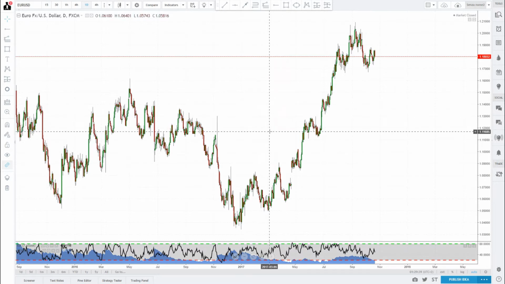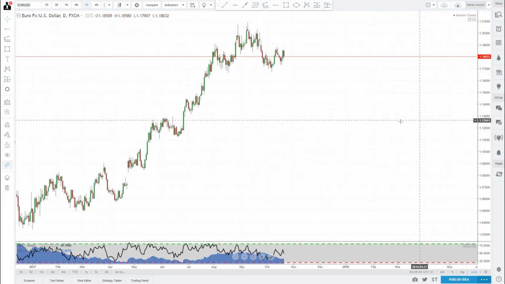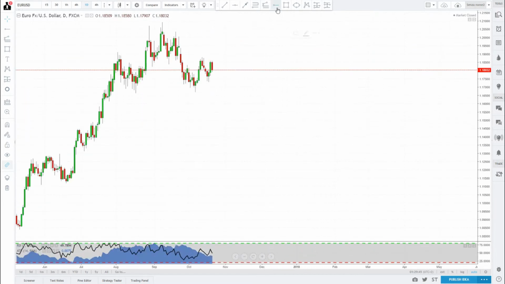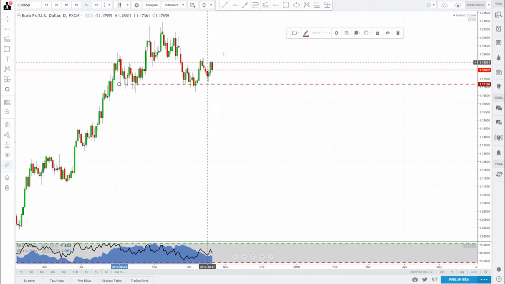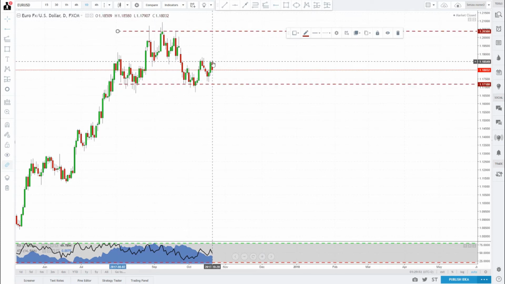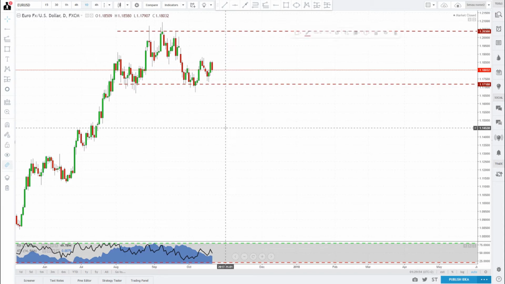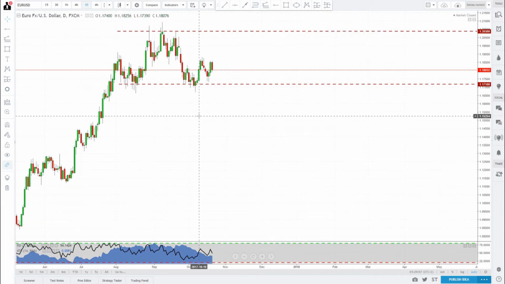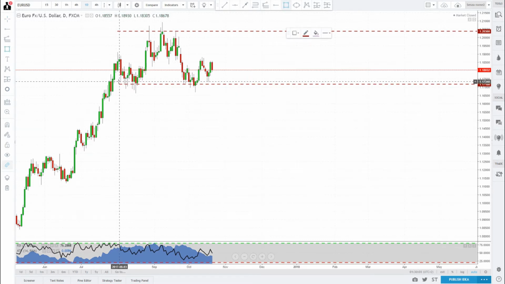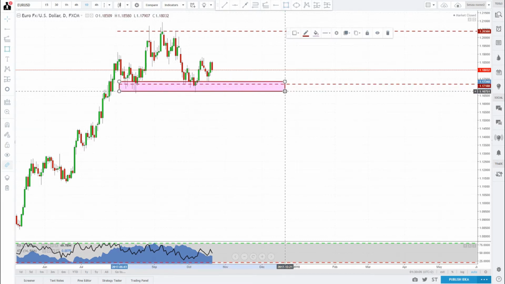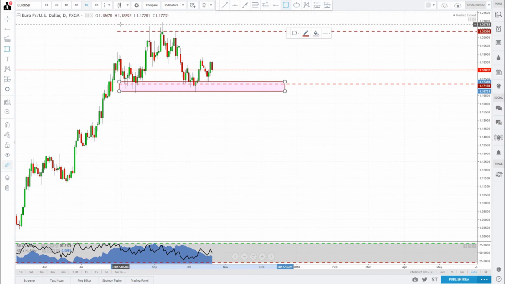If you draw the channel, this would be the bottom and this is the highest place of the recent consolidation. So basically, what I am looking to do is trade just at the edges of this consolidation area.